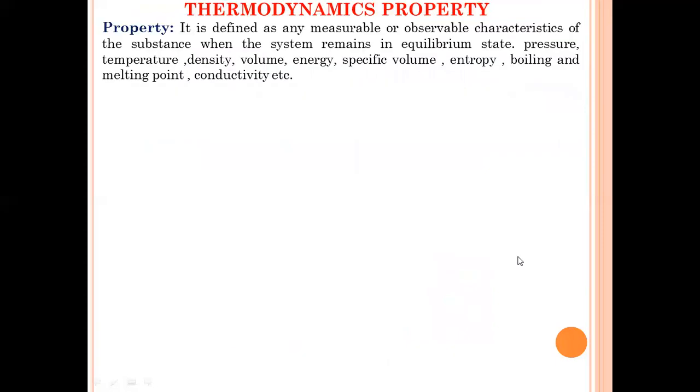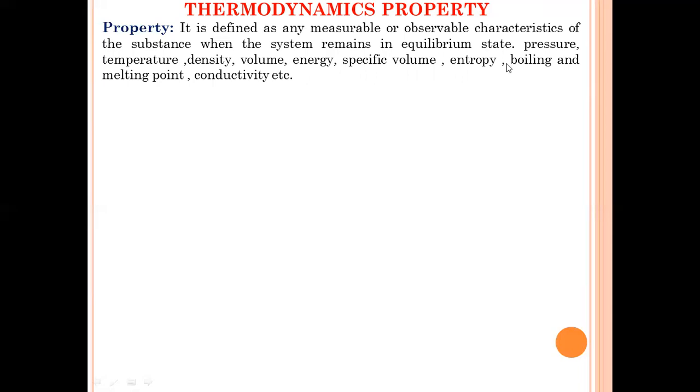Thermodynamic property. A thermodynamic property is defined as any measurable or observable characteristic of the substance when the system remains in an equilibrium state. A substance within the system has different properties.